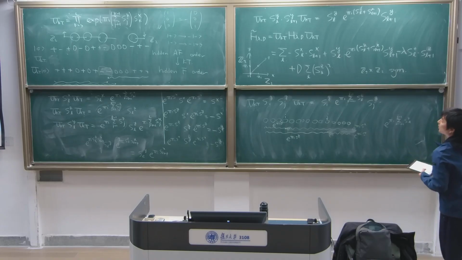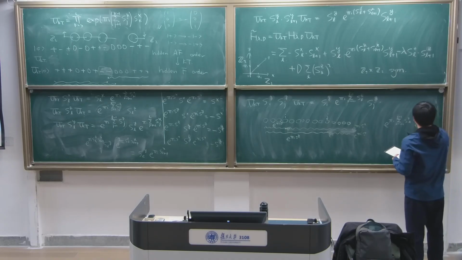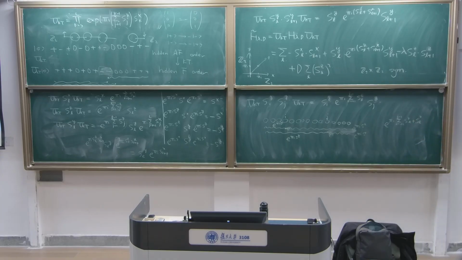And then here you have e to the pi i, S^x and l. So like this. And then I think you need to use some commutation relation to get the correct one.